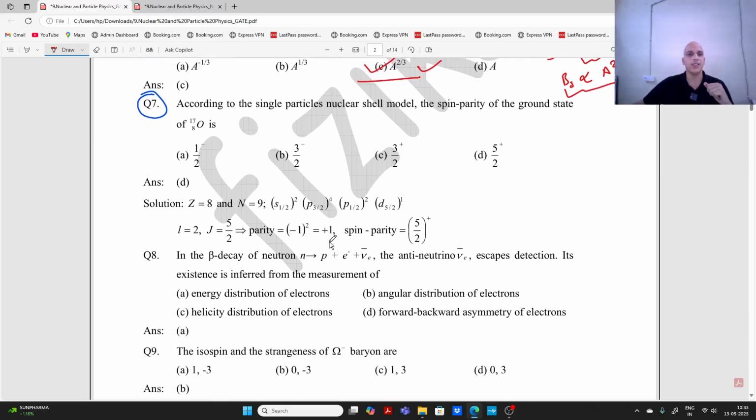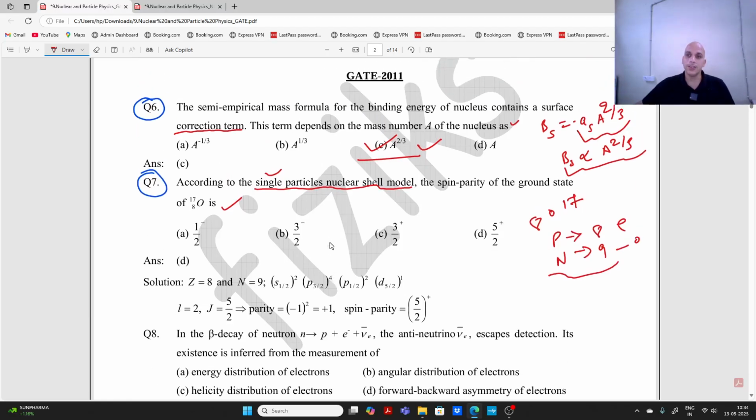Now the next question is again from the shell model. According to the single particle nuclear shell model, same thing, don't confuse in it. The spin parity of the ground state of 8 oxygen 17. So protons 8, neutrons 17 minus 8, 9, right? So in this case, now it is a case of even-odd, right?